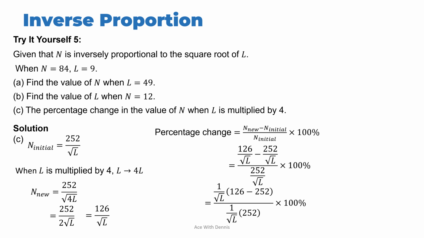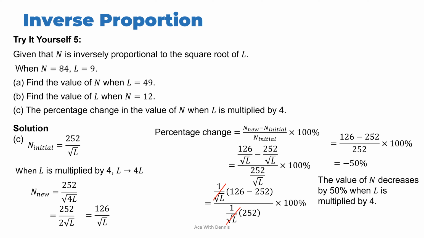Factorize 1 over square root of L, then we cancel it. After that, the calculation is just 126 minus 252 over 252 times 100%, which is negative 50%. So we can say that the value of n decreases by 50% when L is multiplied by 4.